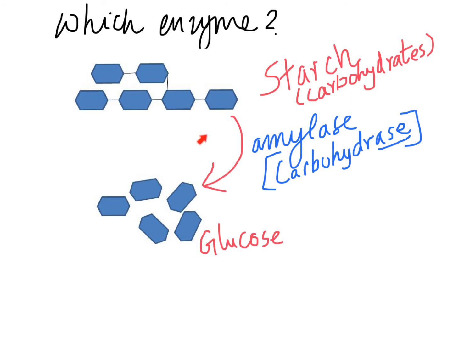It breaks down the starch into glucose. So it's really important to remember the type of enzyme which acts on starch. Also notice that all the enzymes end with ASE: carbohydrase, amylase. Amylase is a specific name. Carbohydrase is a general name which is given to any enzyme which acts on carbohydrates.